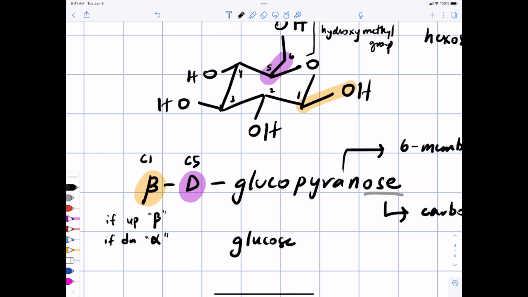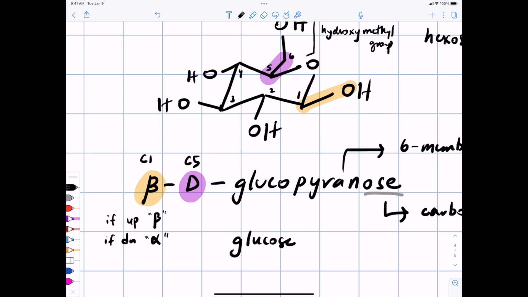D and L are old stereochemistry terms from a long time ago, back before there were really good ways to tell what something's absolute stereochemistry was. D and L were stereochemical terms that were assigned by analogy to a much shorter sugar called, I think, glyceraldehyde. It's a term we've kept.